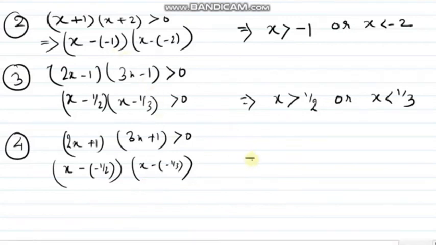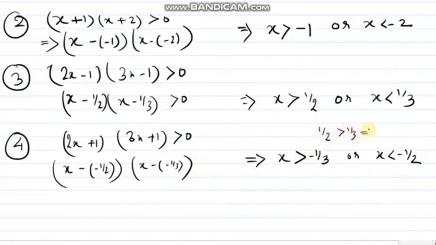So the solution will be x greater than minus 1 by 3 or x less than minus half, right? All of you understood by now? If there is any confusion, as half is greater than 1 by 3, if I put a negative sign, then minus half is less than minus 1 by 3, right?